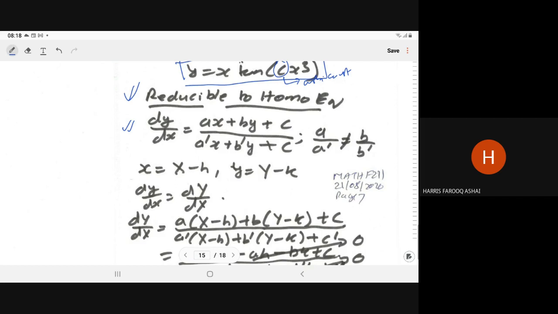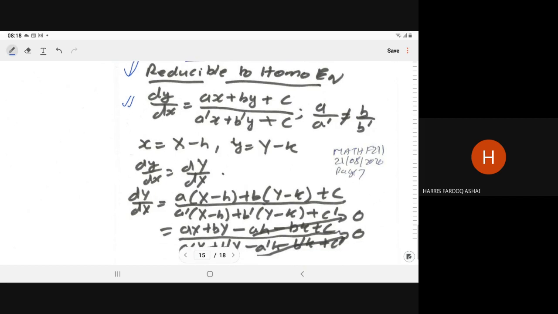In such an equation, if you put small x is equal to capital X minus h and small y is equal to capital Y minus k, then dx becomes dX and dy becomes dY. So dy by dx is equal to dY upon dX. So just put this substitution in this equation.